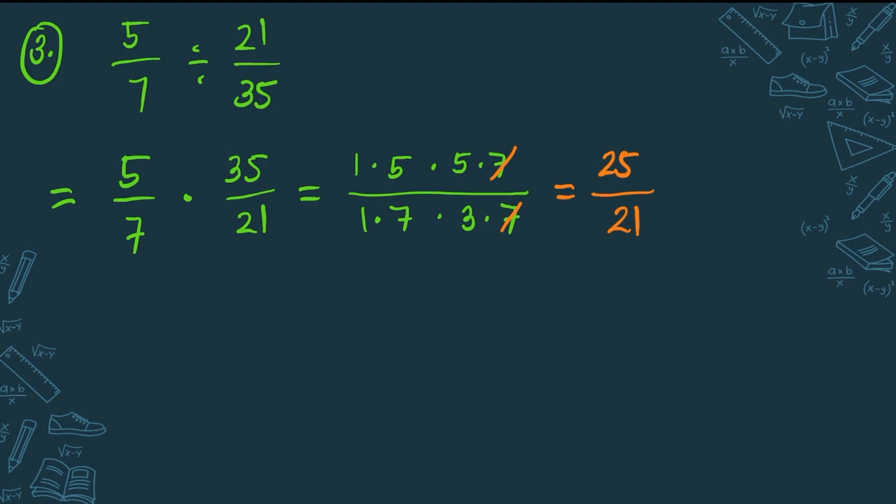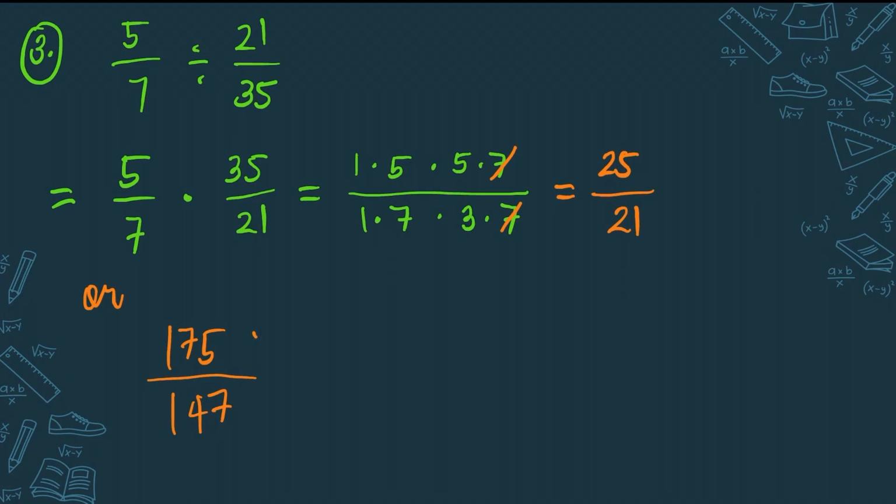If you decided to multiply first and then get the lowest term, a possible solution will be 5 times 35, you have 175 all over 147. And then both of them have a GCF of 7.